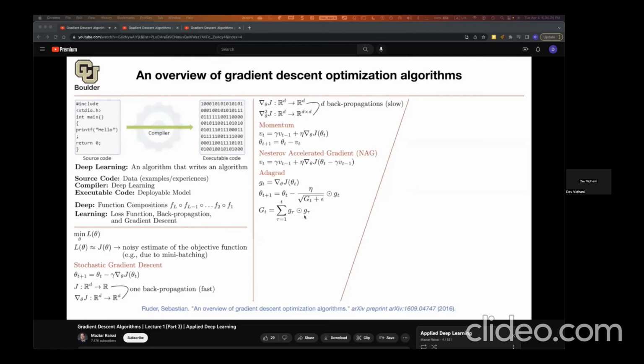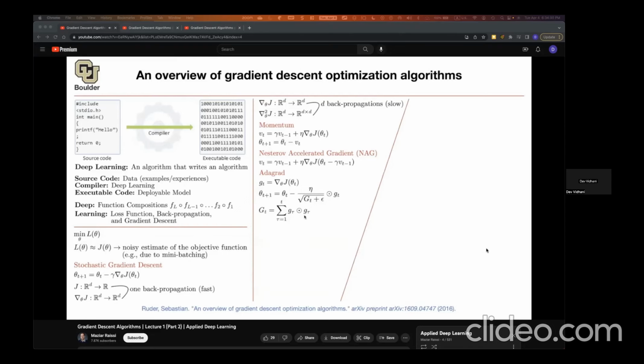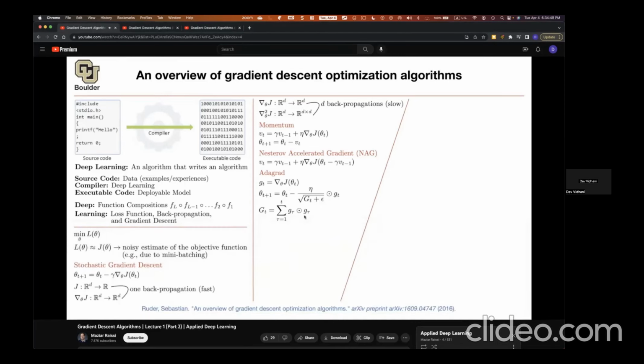If we were in class, I would ask, what is the problem with this method? Can anybody answer? Yeah, the question is, we still set an initial learning rate. That's correct. You set an initial eta, but that's going to adapt. As you go along the method, it's going to keep adapting. So this method is less sensitive to learning rate compared to gradient descent.